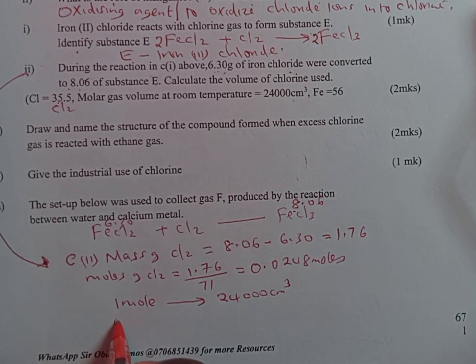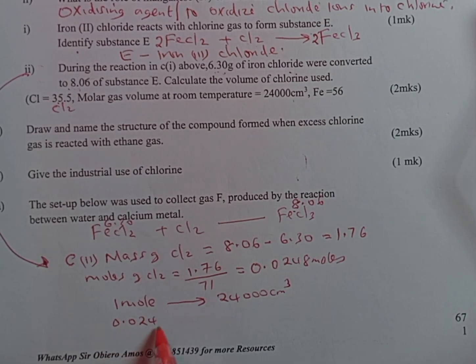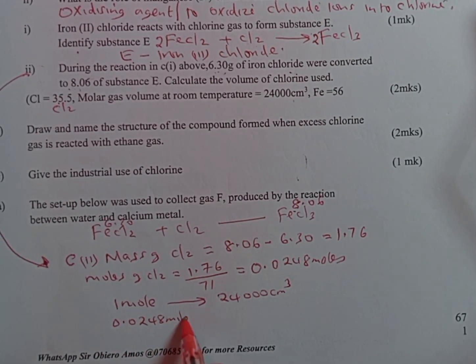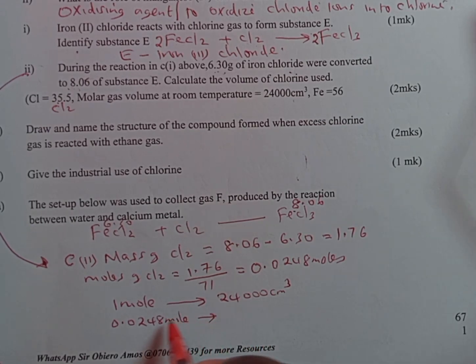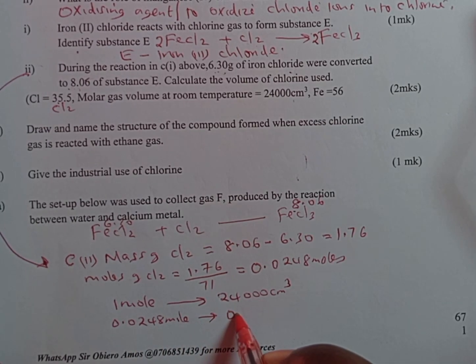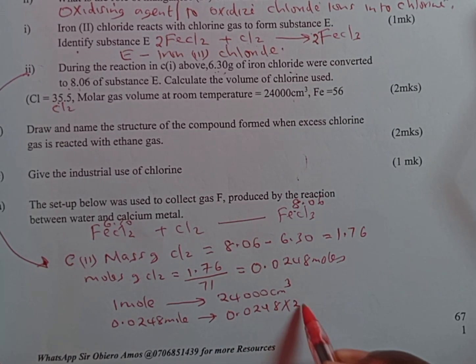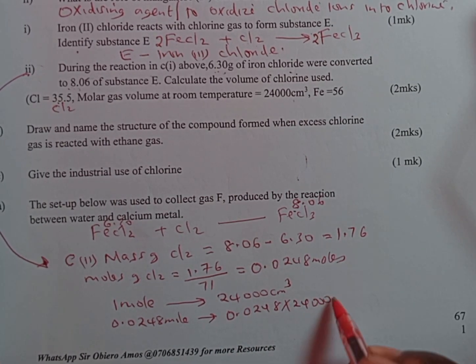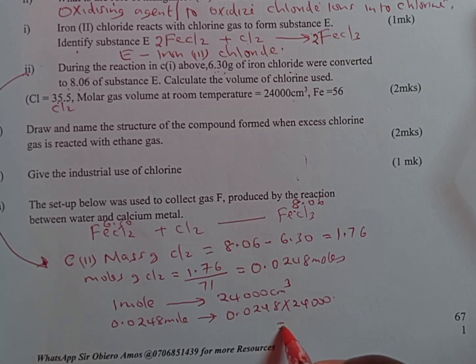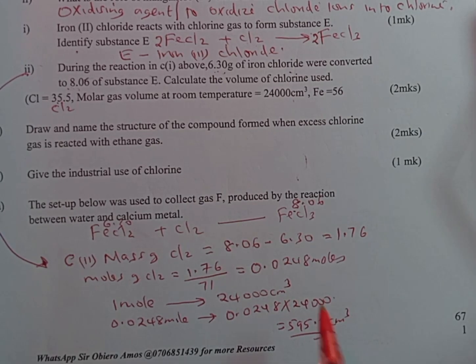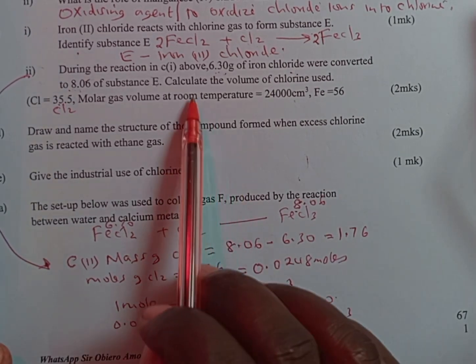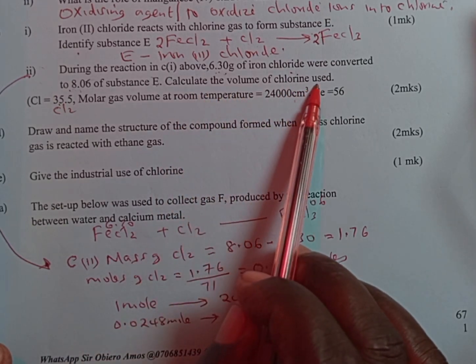We need to know what volume 0.0248 moles will occupy. So if you cross multiply, we are going to have 0.0248 multiplied by 24,000, giving us an answer equivalent to 595.2 centimeter cubed. And by so doing, we'd have calculated the volume of chlorine gas used.